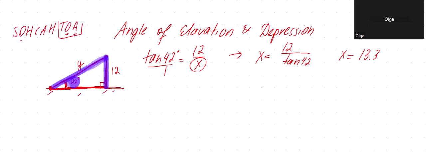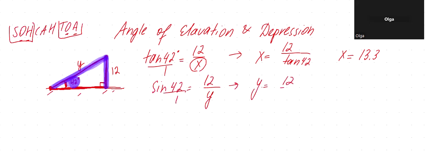Opposite to hypotenuse, we use sine. So sine of 42 is opposite leg to hypotenuse. Again, you can complete it to a proportion. From here you have y, and just put everything in your calculator. Y equals 17.9. And by the way, the hypotenuse should be the longer side, so that makes sense.